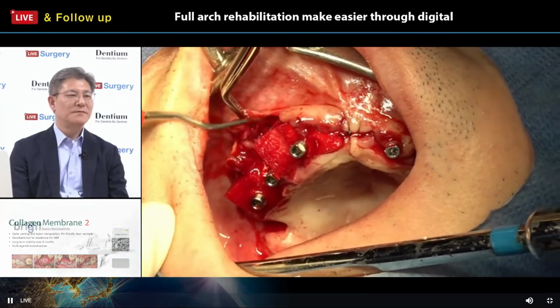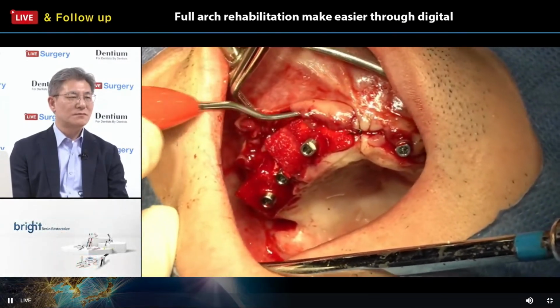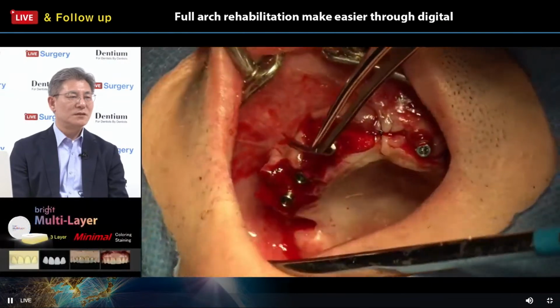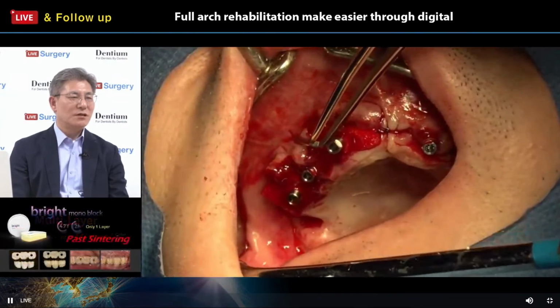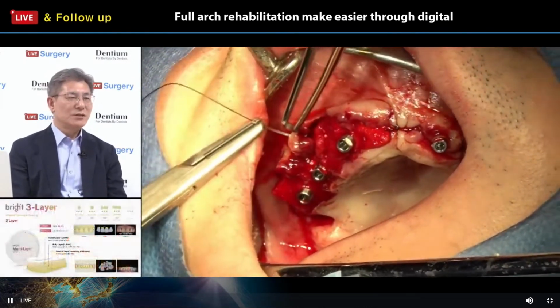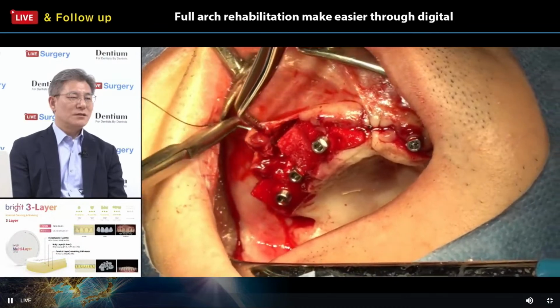Okay. Checking the buccal flap adaptation and the suture.